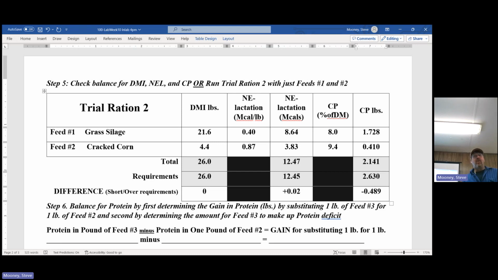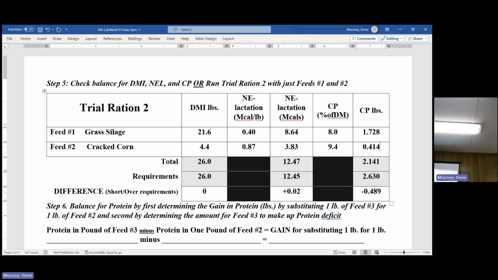What about the cracked corn? You agree or disagree with those numbers? You got 2.8 above, you probably should have had 414.